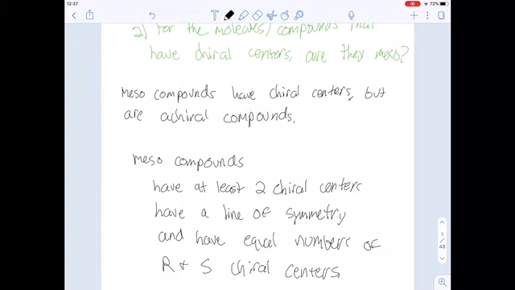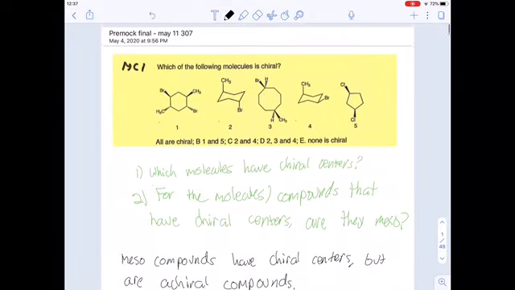So for example, if there are 4 chiral centers in your molecule, 2 of them will be R and 2 of them will be S. Okay? So these are the requirements for meso.